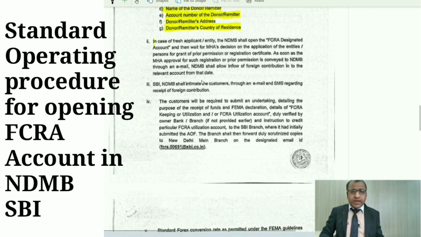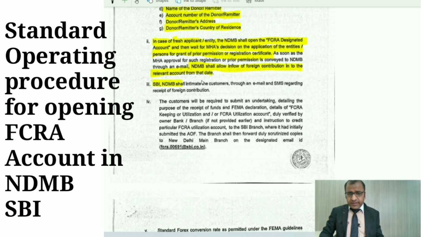In case a new entity which is not yet registered under FCRA is applying for opening the FCRA account, then the SBI shall wait for the MHA's decision on the application of the entity for grant of prior permission or the registration certificate. So only after the MHA approval, the NDMB shall allow the foreign contribution to flow into the account.